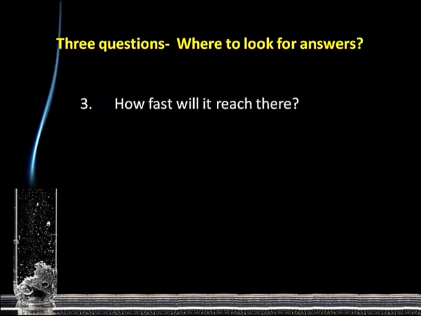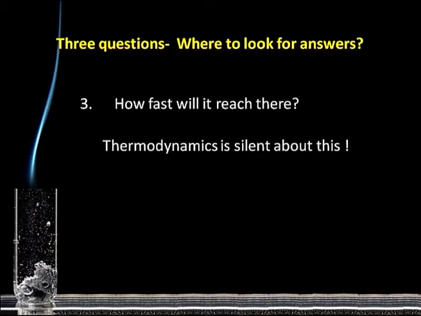The third question, how fast will it reach the equilibrium? A very good question at that, and thermodynamics is silent about it. Thermodynamics is bothered about the initial state and the final state. How the path is covered, thermodynamics is not interested.